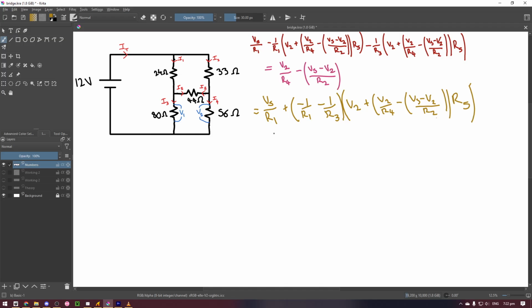On this side of the bracket, we have V2 over 56 minus 12 minus V2 over 33. That is equal to 12 over 24 plus minus 1 over 24 minus 1 over 80.